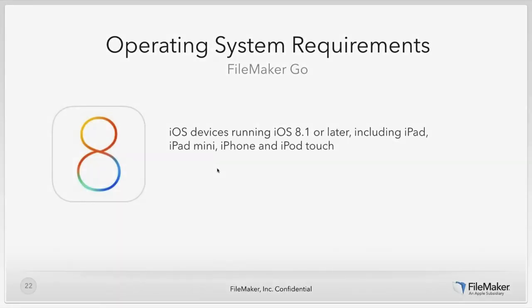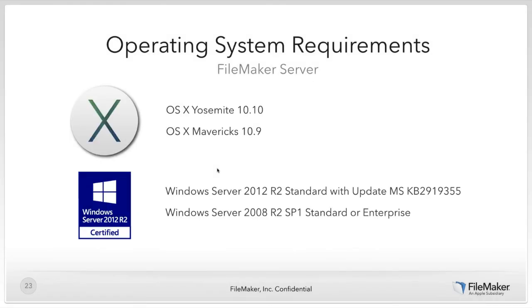FileMaker Go is iOS 8.1 or later only. FileMaker Server, again, Mavericks and Yosemite only, and for web publishing purposes, no OS 10 server app, as it is with Server 13. And for Windows Server, it's 2008 R2 SP1 and 2012 R2 Standard with that listed update.